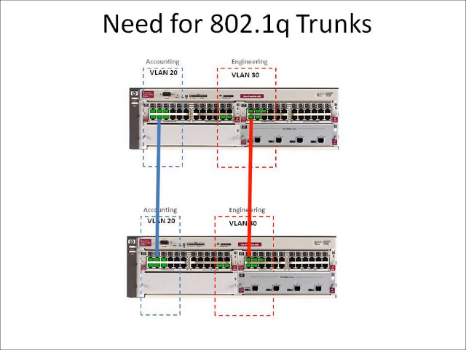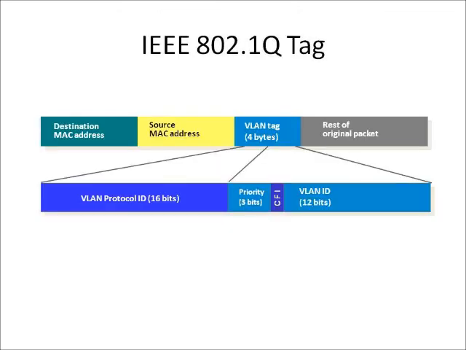Trunking is the ability to have one network link between two devices and carry traffic from different VLANs across that one link, and do it in a way that traffic does not commingle, still keeping separation. We'll go through in a second and show you technically how that works.